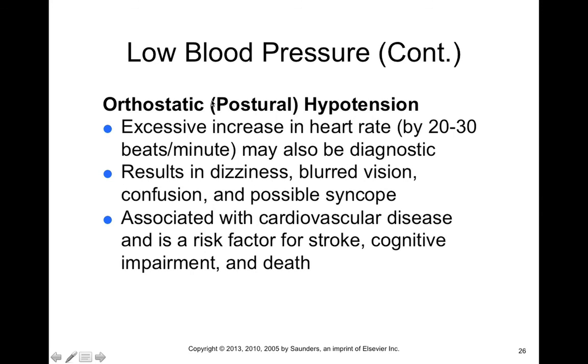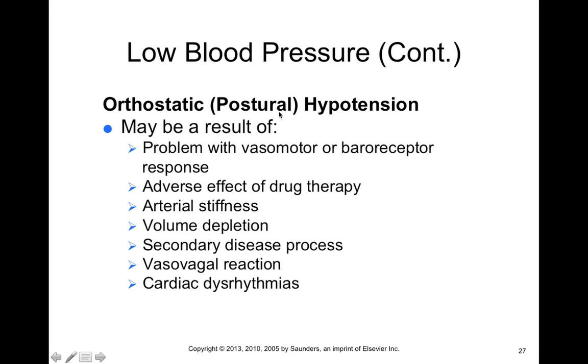Now, orthostatic hypotension can also be caused by excessive increases in heart rate, which can lead to dizziness, blurred vision, confusion, syncope. And unfortunately, orthostatic or postural hypotension is associated with cardiovascular disease, and it's a risk factor for stroke, cognitive impairment, and death. So it's important to note that orthostatic hypotension isn't always a benign condition.